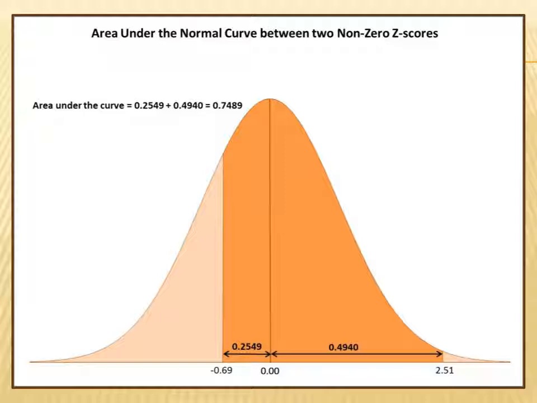Now recall what we're asked to find here is the area between minus 0.69 and 2.51. So we merely add those two areas together. So the entire area under the curve between a z-score of minus 0.69 and a z-score of 2.51 is 0.7489.